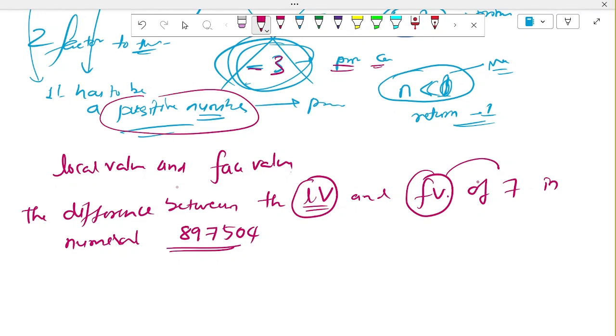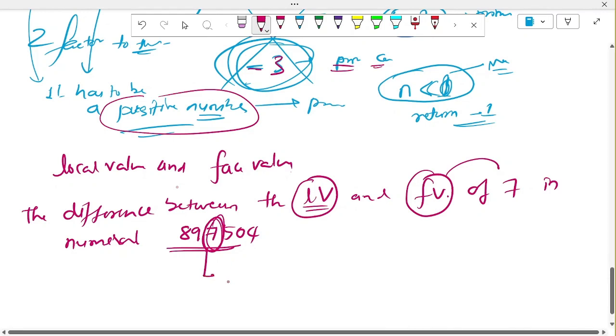Can anybody tell me? So you see the position of 7.